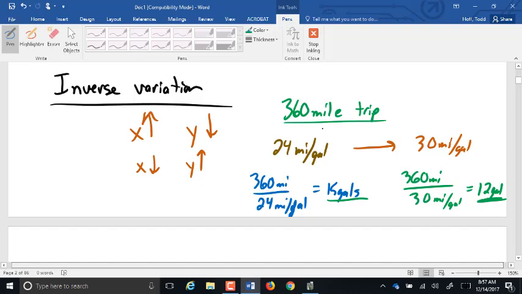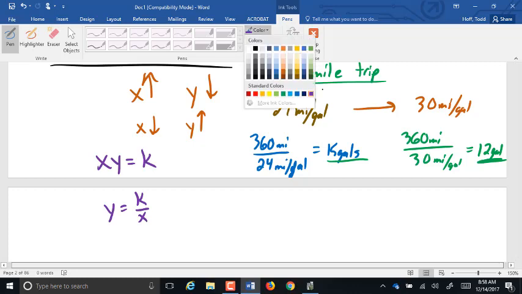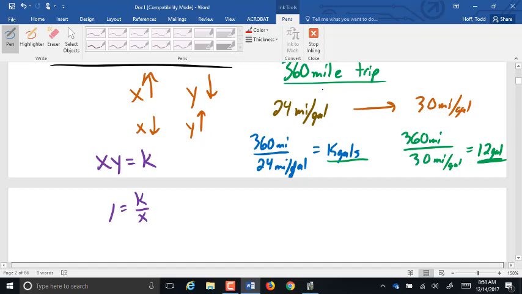So how does this relationship look? Well, the typical way of expressing this relationship is x times y equals a constant. Or you can express it as y equals a constant divided by x. But typically we express it as x times y equals a constant. Over here it is mileage times gallons equals the constant.